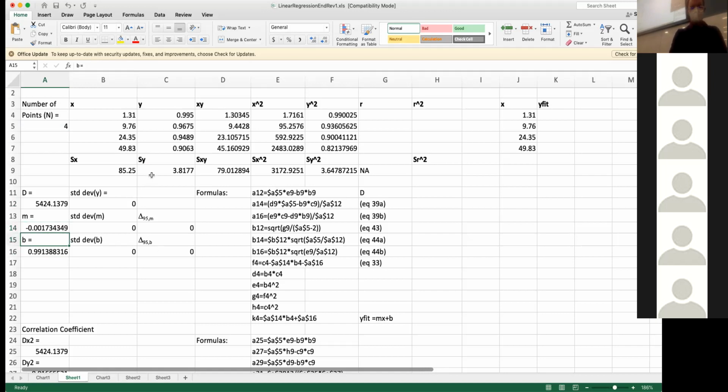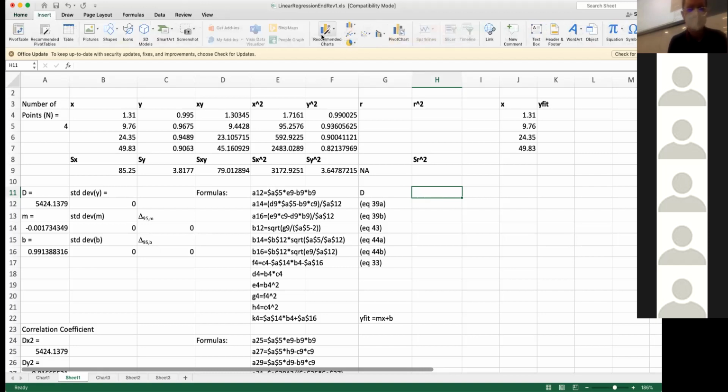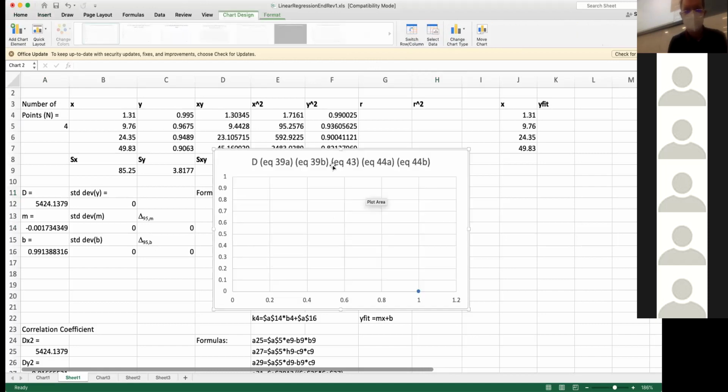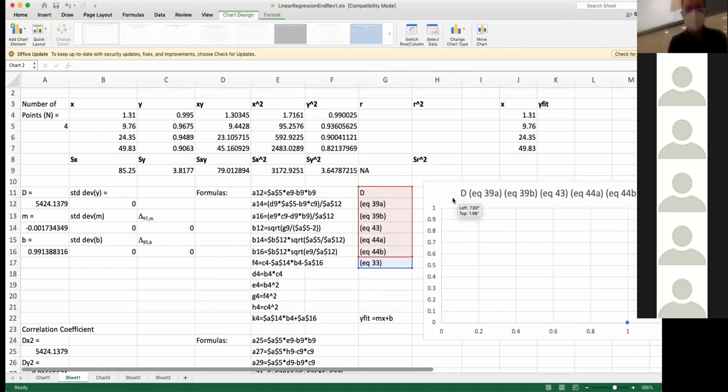Okay, but you don't have to do it this way. You can actually use built-in features in Excel to do this a little bit quicker. So you can also just plot the data. You're going to want to insert a scatter plot, this one here. It chooses some default, which I'm going to get rid of.